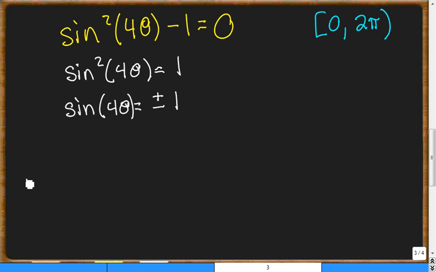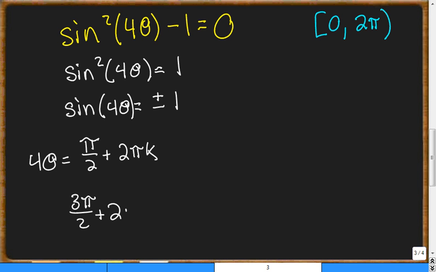So 4 theta is going to equal, the sine is going to be positive 1 at pi over 2 plus 2 pi k, and it's going to be negative 1 at 3 pi over 2 plus 2 pi k. Well, like before, I've got to divide everything by 4.